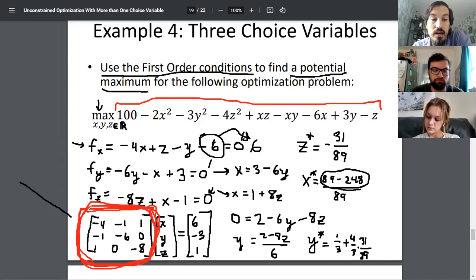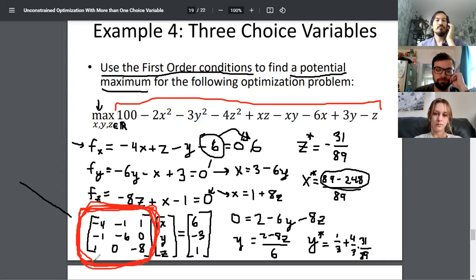Well, you definitely have this property that the matrix you would generate to solve using Cramer's rule is the same as the Hessian matrix. And so maybe that says a little bit about when this can be solved. Well, certainly the determinant of the Hessian matrix should not be 0. If it's 0, it can't be solved.